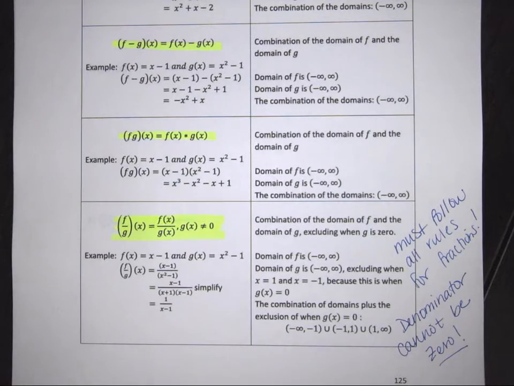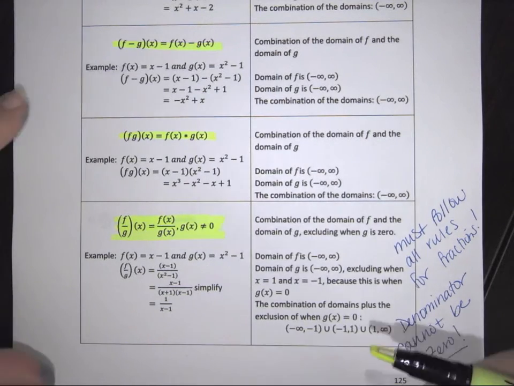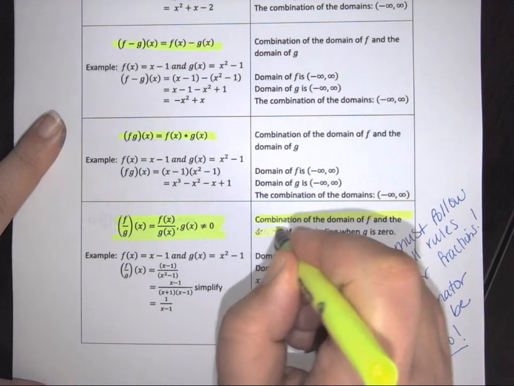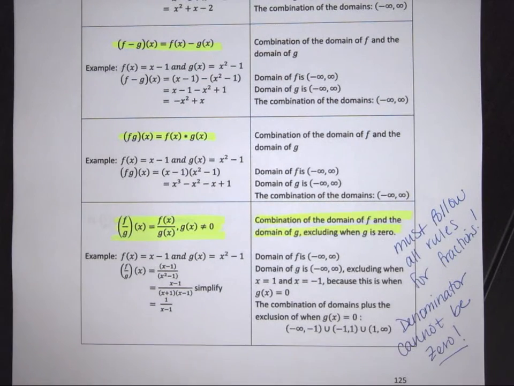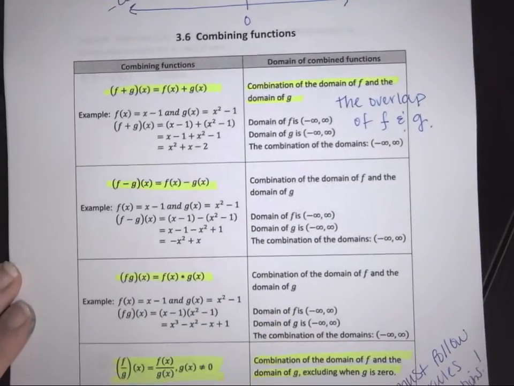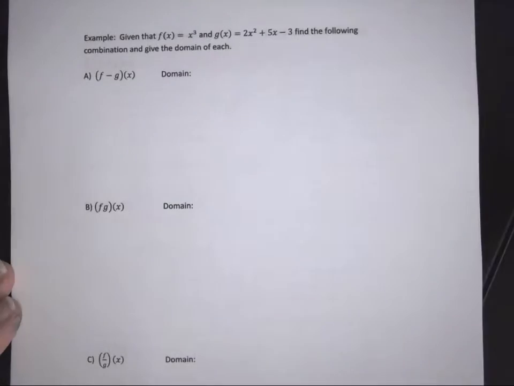So when we talk about the domain of your division, we're talking about the combination of f and g, excluding where the bottom is 0. So your domain is going to change because here now we have a potential that we're going to have to exclude some values. Okay, so we're going to take a look at a couple quick examples so that you can see again how this is going to work.